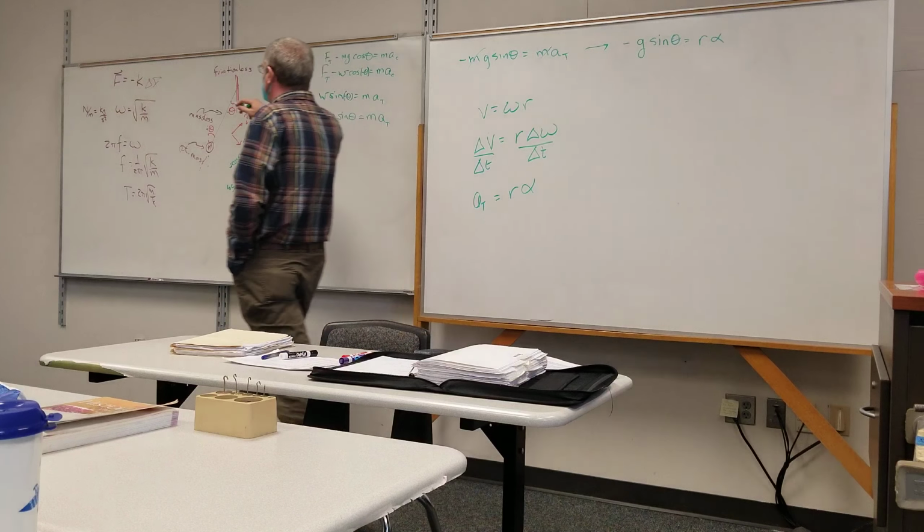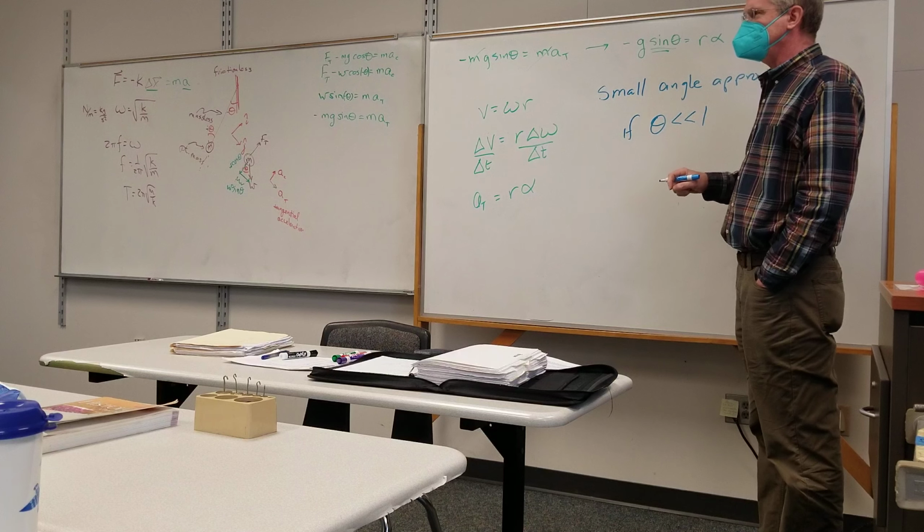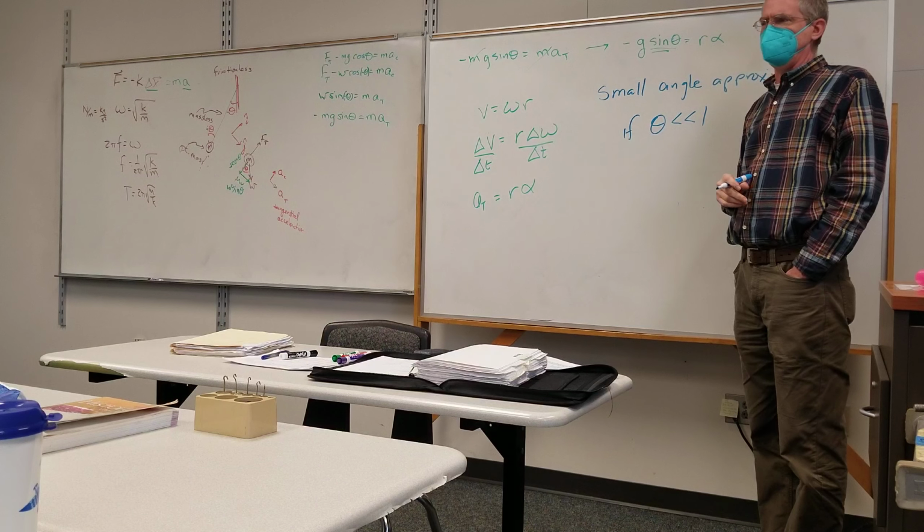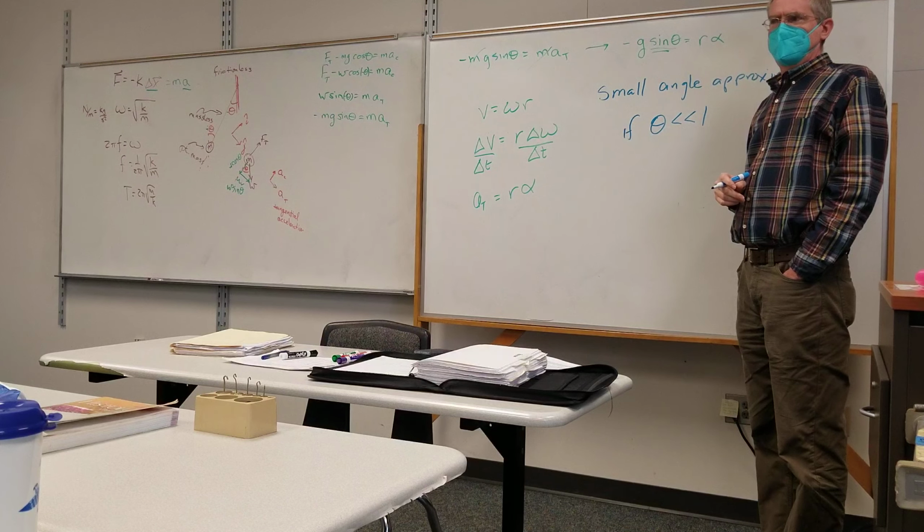Yes? So 1 radian is 50-something degrees. I want to say 52. It's either around 52 or 57, I think.